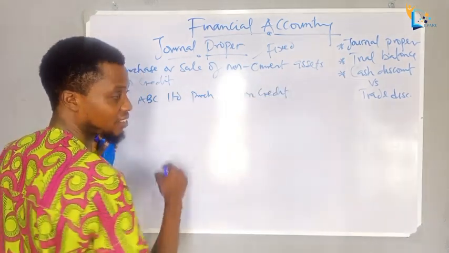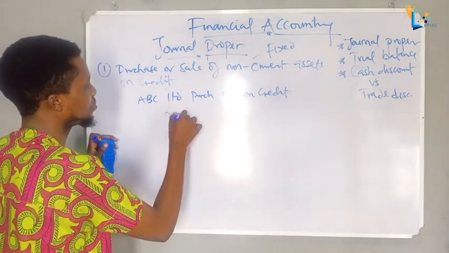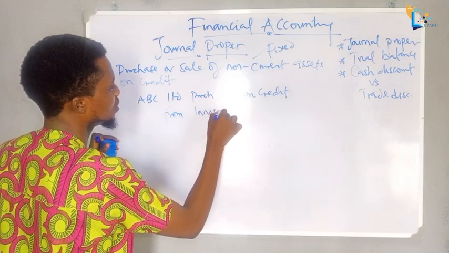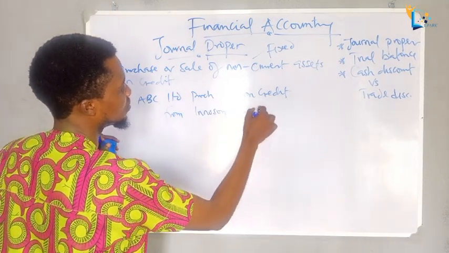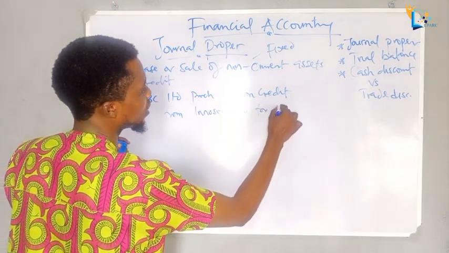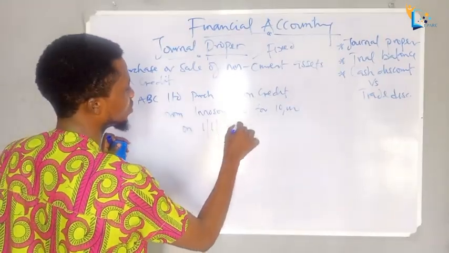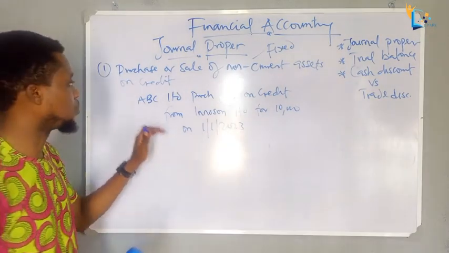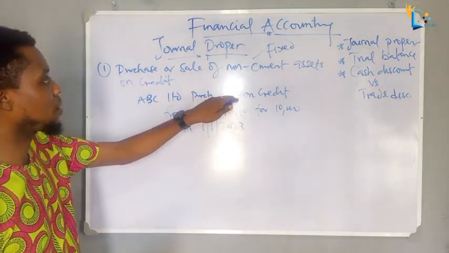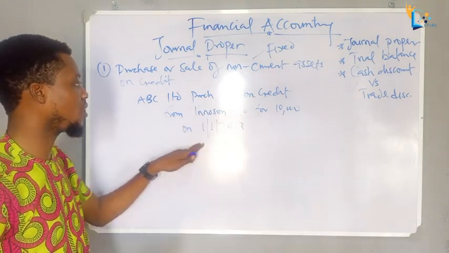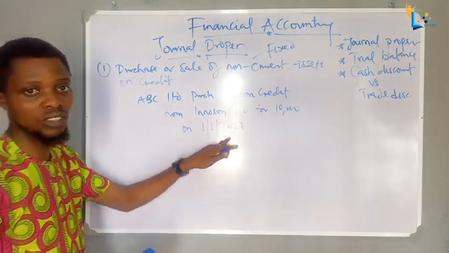Motor vehicle is a fixed asset. On credit from Innocent Limited for 10,000 naira on 1st of January 2023. This is a typical example. ABC Limited purchased motor vehicle on credit from Innocent Limited for 10,000 naira on the 1st of January 2023.